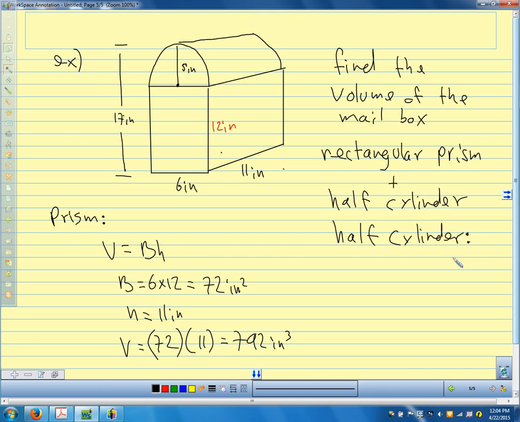Half cylinder. What's our formula for the volume of half a cylinder? Just find the cylinder divided by 2. So I'm going to say 1/2 of pi r squared h, half the cylinder. And let's plug in our numbers. Pi, what's the radius of the cylinder?